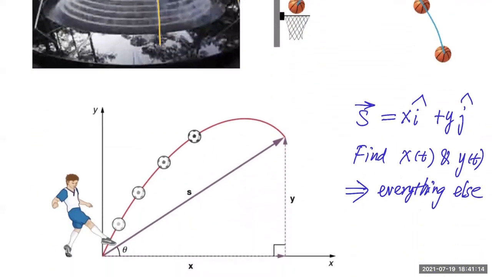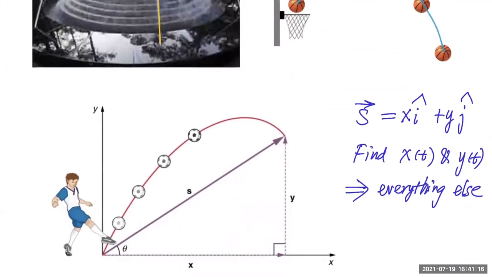See this soccer ball being kicked by this player, and when it's airborne, it's a two-dimensional projectile motion. And here s is the overall position vector of the soccer ball at a certain point, and s has two components, x and y. You can write s equals xi plus yj, right? Recall from chapter 3.